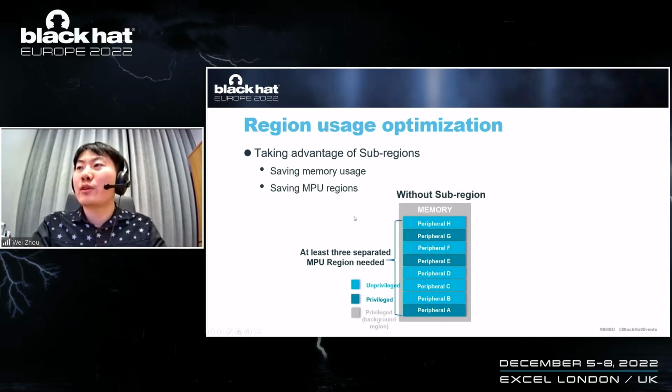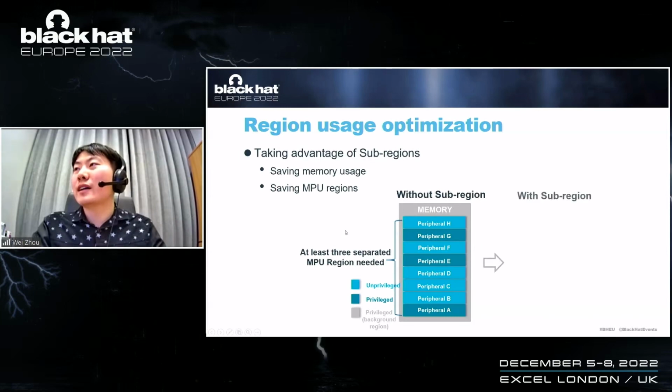So by taking advantage of the sub-range, we can also save many MPU ranges when we want to achieve peripheral protections. We assume that there are 8 peripherals. If we only want to assign peripherals G, E, A as privileged level, and the others as unprivileged level, without the sub-range feature, we have to assign at least 3 separate MPU ranges.